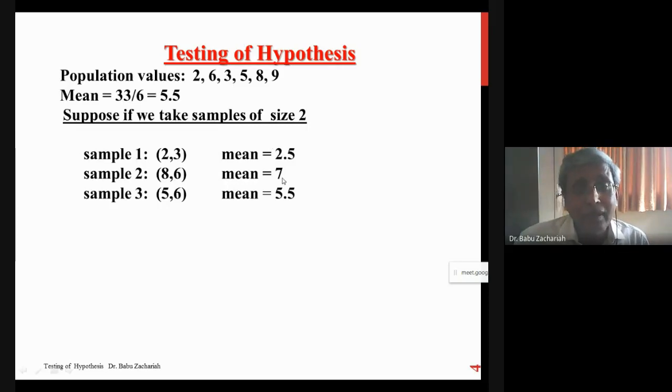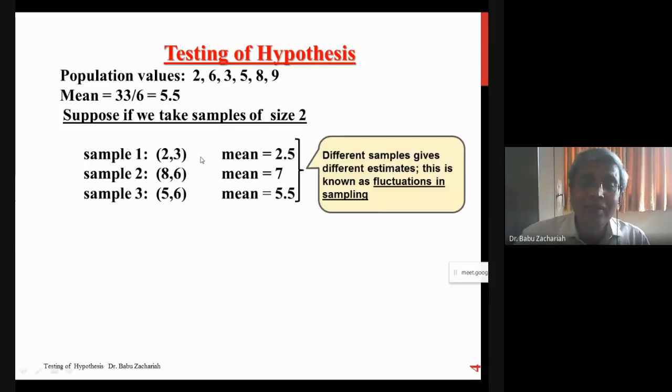The second sample says that the mean is 7, which is much higher than the population mean. The third sample says that the mean is 5.5, which is exactly the same as the population mean. So what do we conclude? Different samples give different estimates. This is known as fluctuations in sampling.